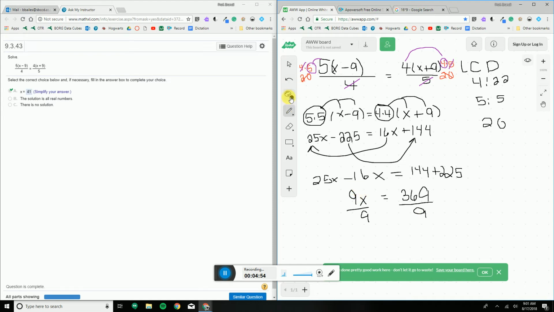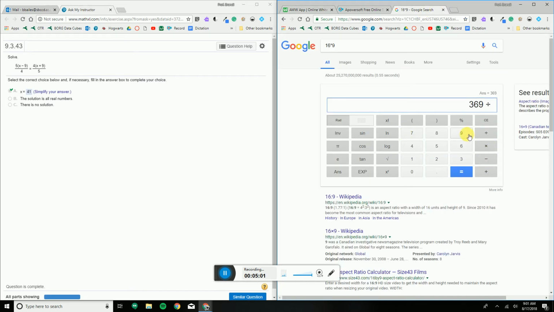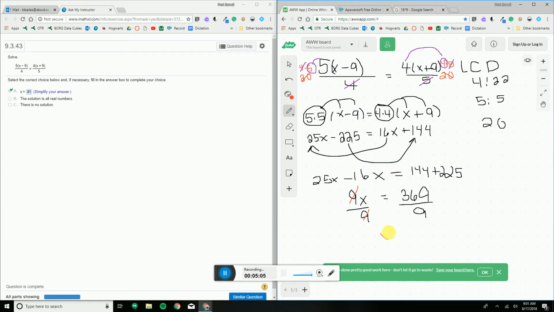The 9s over here will cancel. And then over here I have 369 divided by 9, which is 41. I'll do the answer in a color I haven't used so far. How about blue? That's pretty. X is equal to 41.